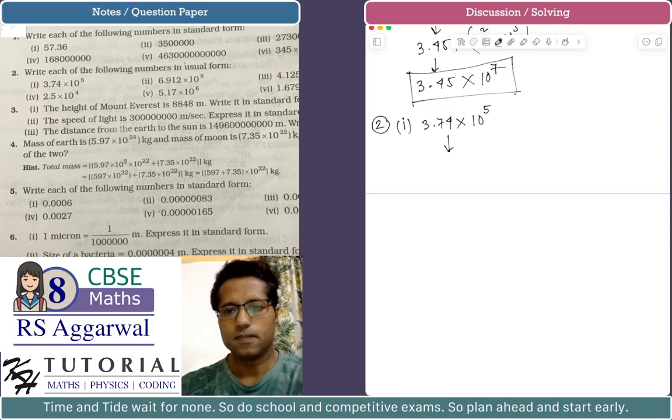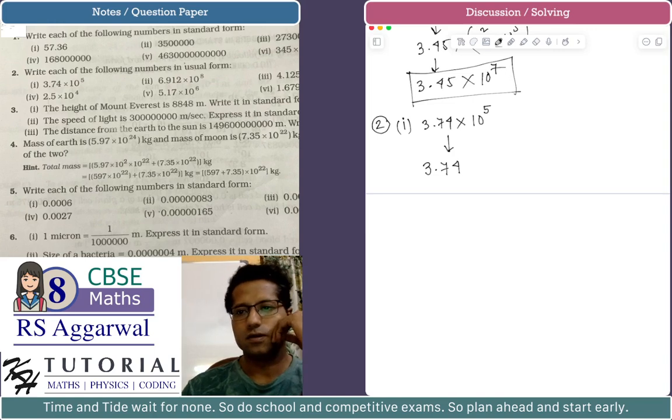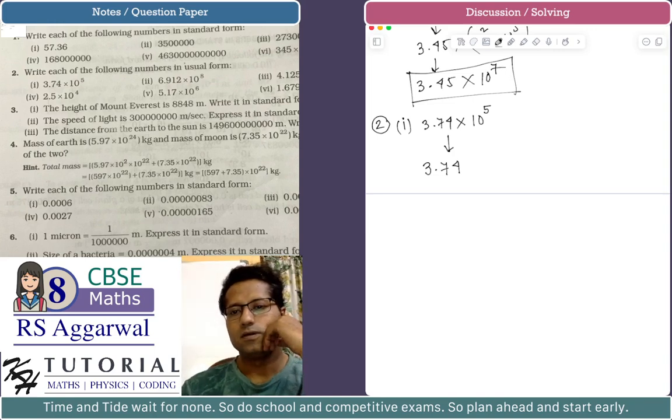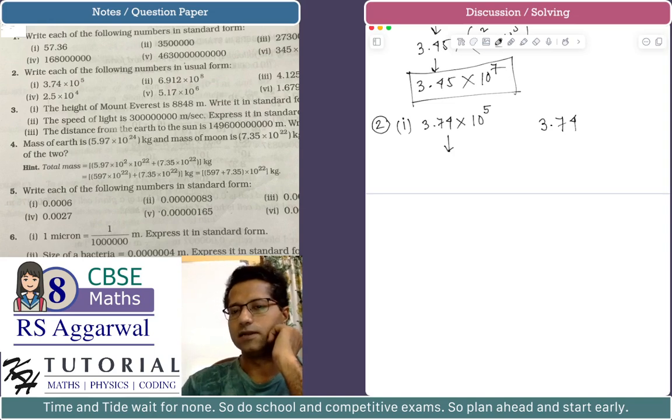So let's say this is the number. I have to shift the decimal point. So I have 3.74. I have to shift the decimal point 5 places to the right hand side.